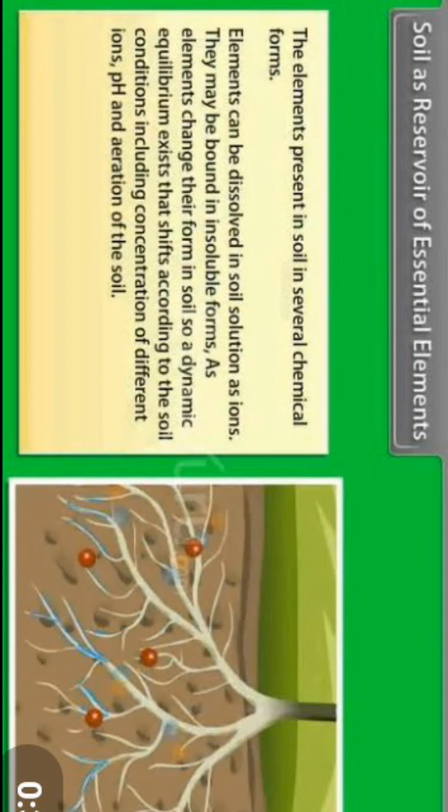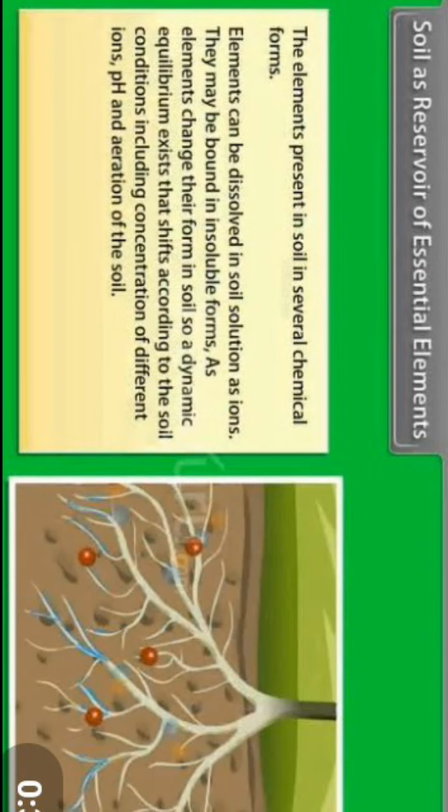Next, soil is a reservoir of many mineral elements. In the previous concept we had a discussion about this one. Now let us see in detail regarding this one. The majority of the nutrients that are essential for the growth and development of plants become available to the roots due to weathering and breakdown of rocks.